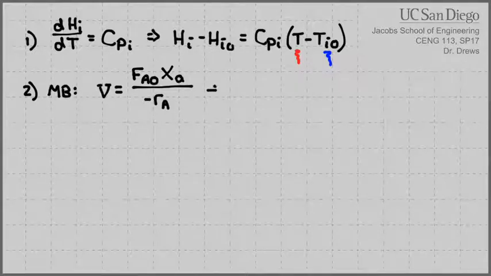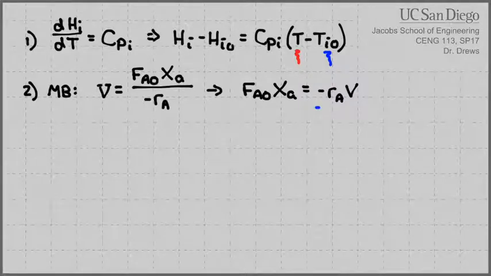And that lets us write FA naught XA is equal to minus RAV. And this RAV term over here should look somewhat familiar because it's a term that shows up a lot in all of our reacting terms, right? That's roughly talking about the number of moles that are reacting. Molar rate times the volume gives you how fast they're reacting.